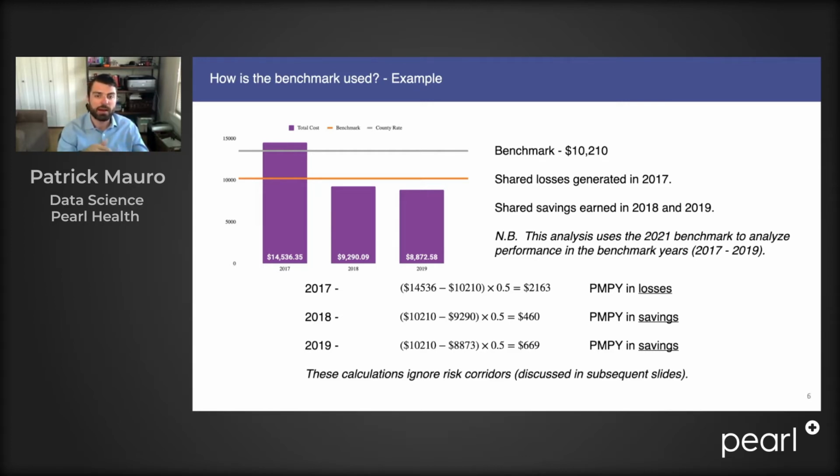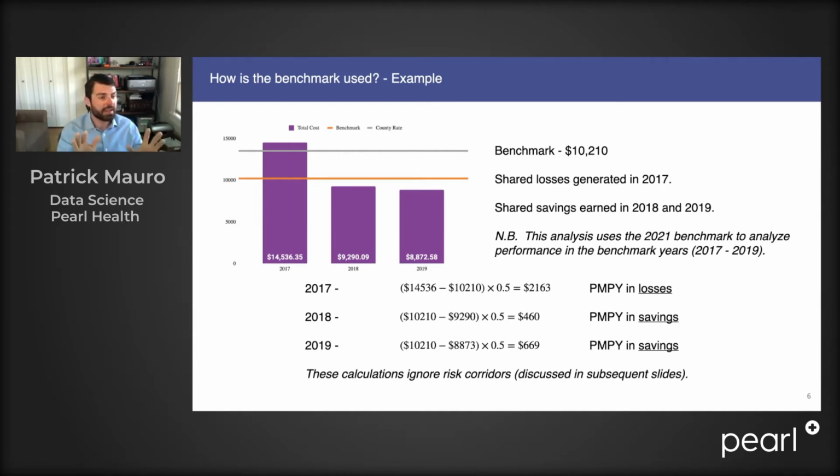And so we would owe CMS $2,163 per patient that year. In 2019, we came in at $8,872 for our average total cost of care. Looking at that difference and multiplying by 50%, we get shared savings, a bonus payment of $670.